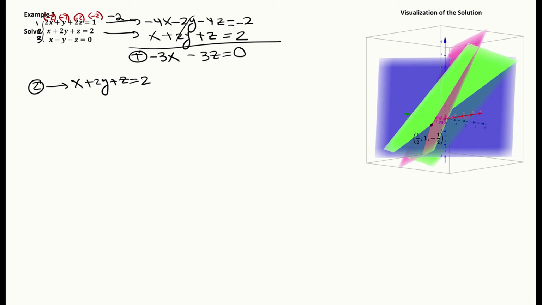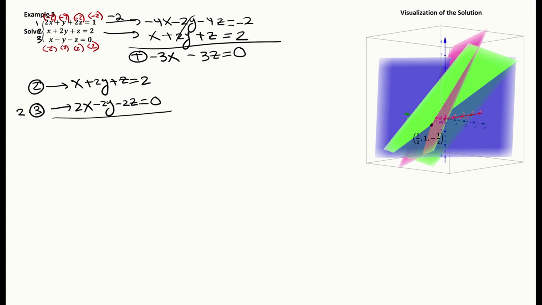And the third equation we're going to multiply by 2. So again, if you think you'll forget some of them, just write a 2 below each term and multiply. So you end up with 2x minus 2y minus 2z equals 0.